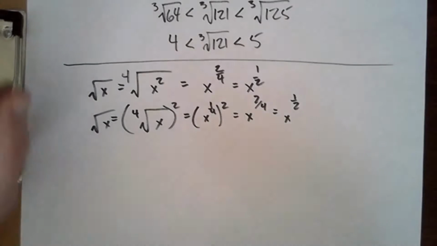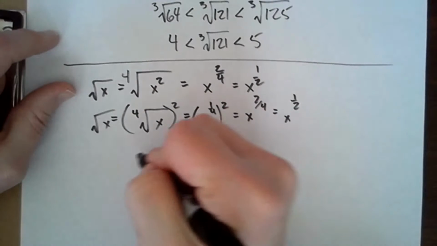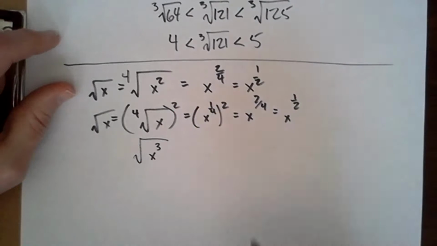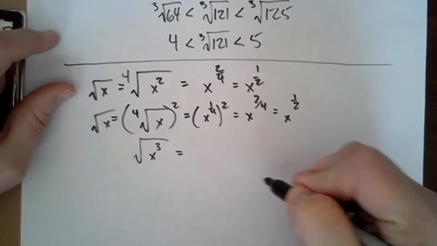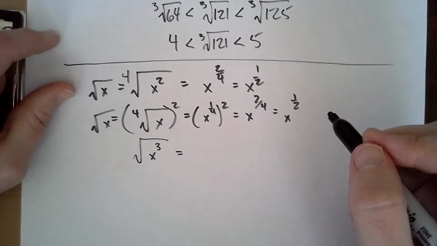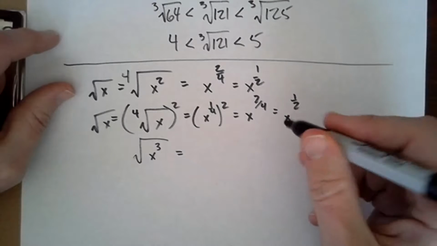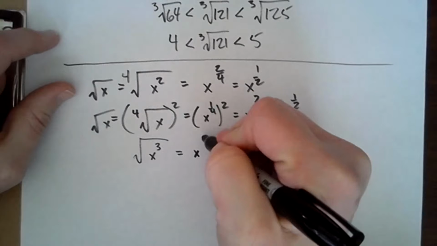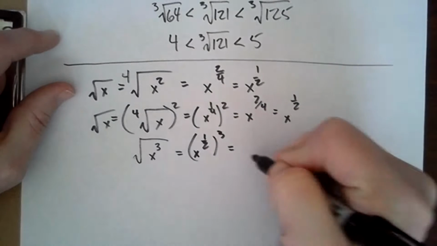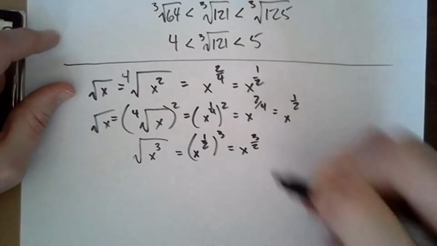The square root of the cube of x, this is a little different. So this time we're taking the square root of x cubed. Well, that's the same as x to the 1/2 cubed, or x to the 3/2.